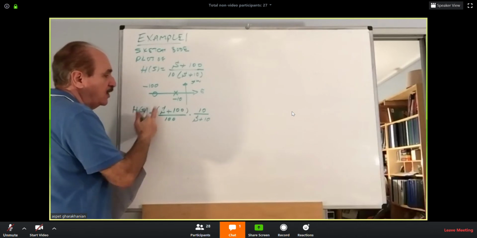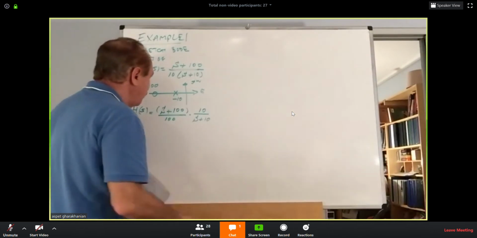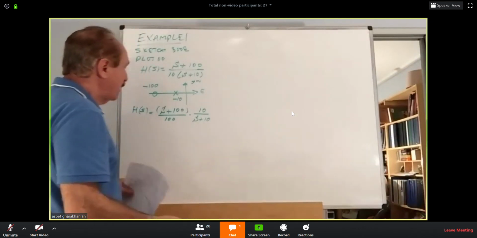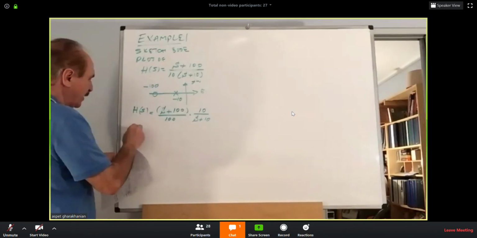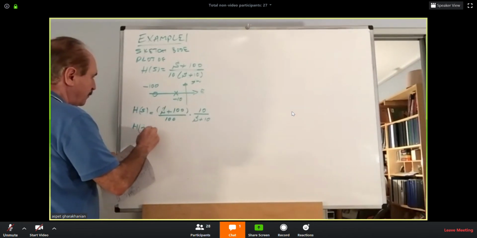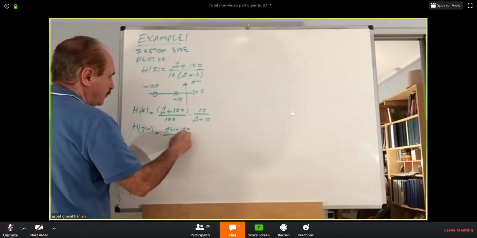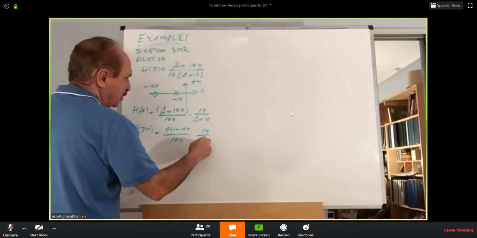So this is 1 times the standard. Now, in order to create the function, here is how we're going to get it. H of j omega is (j omega plus 100) over 100 times 10 over (j omega plus 10).